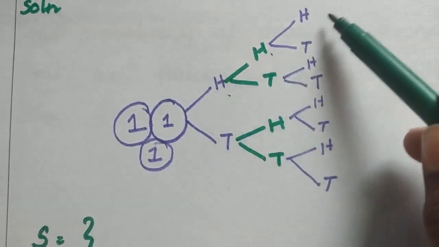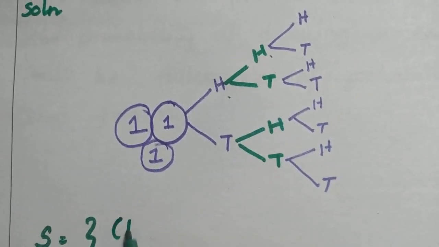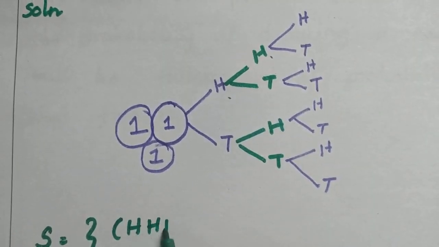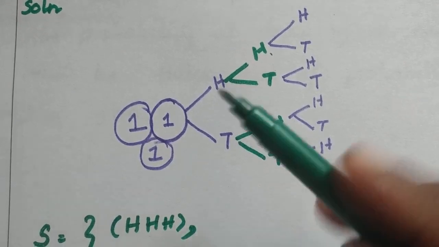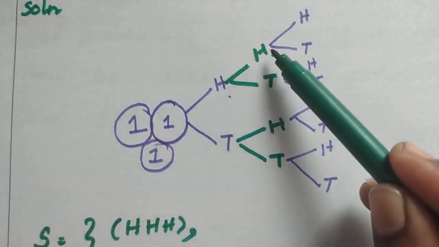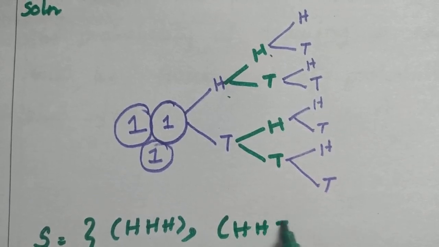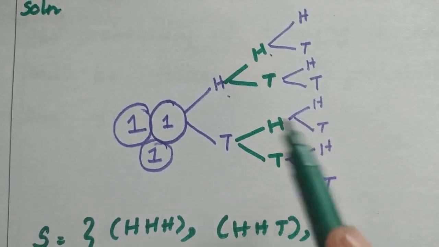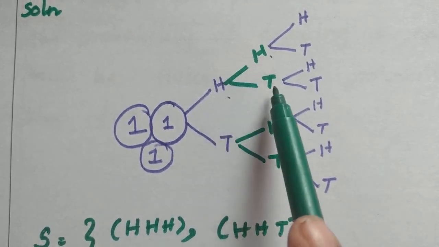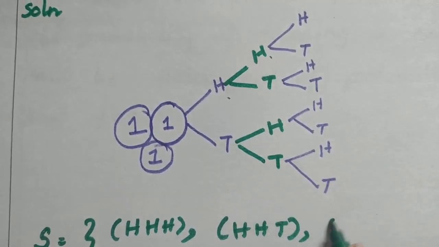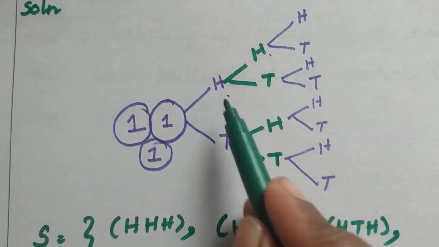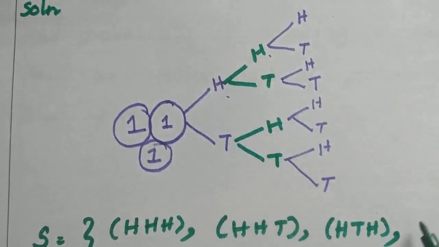Head, head, head. The first event is head, head, head. Head, head, tail. Then head, tail, head. Head, tail, tail.